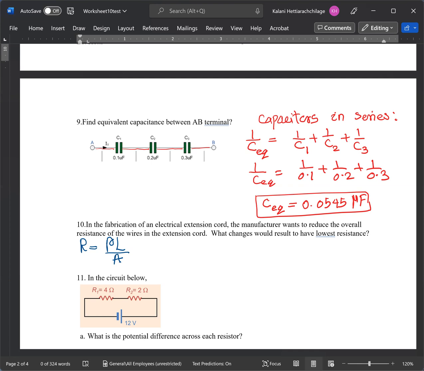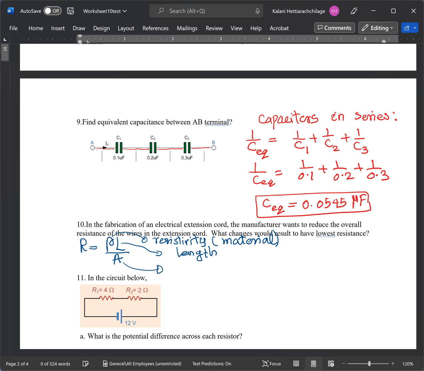So now the rho symbol that I have here, we call it the resistivity. That is basically you are changing the material. You can change the material if you want. Copper, aluminum, iron, whatever material that you need to use. That's the resistivity. And L is the length of the resistor.